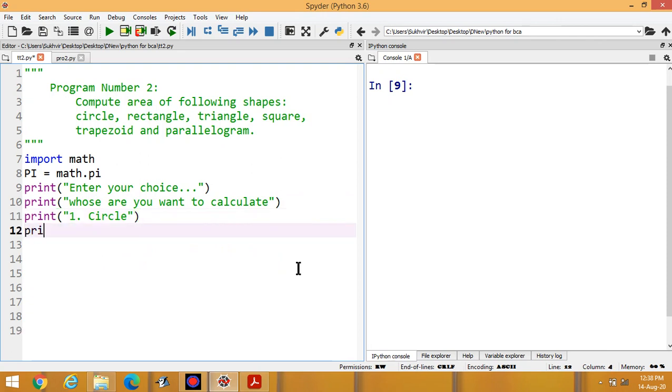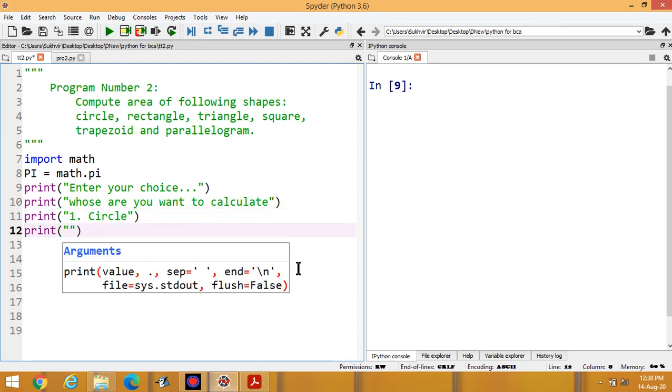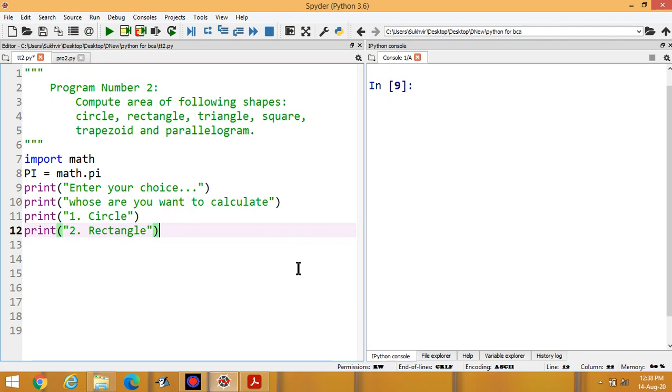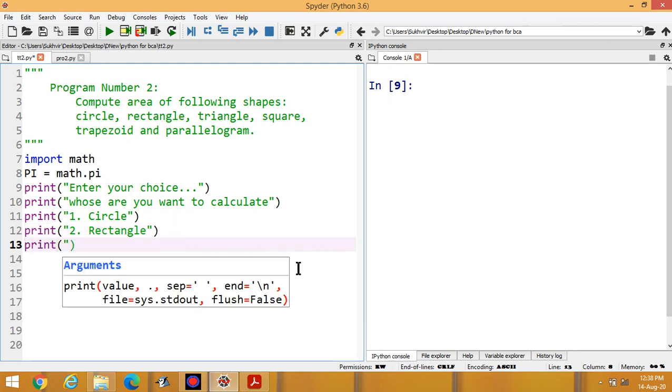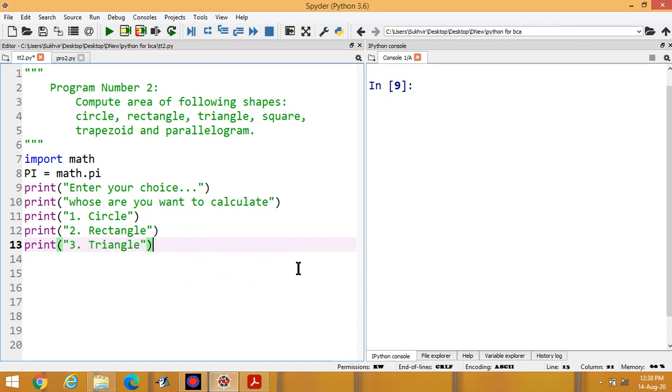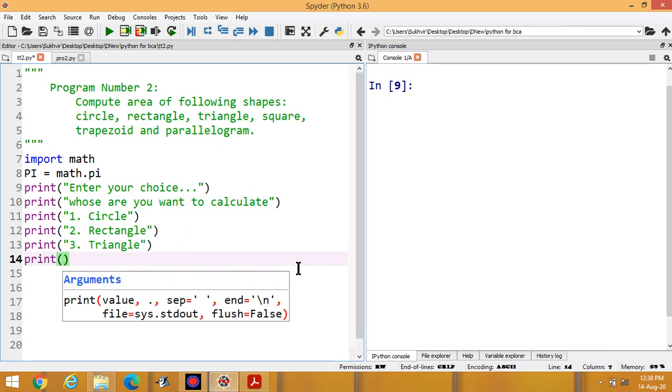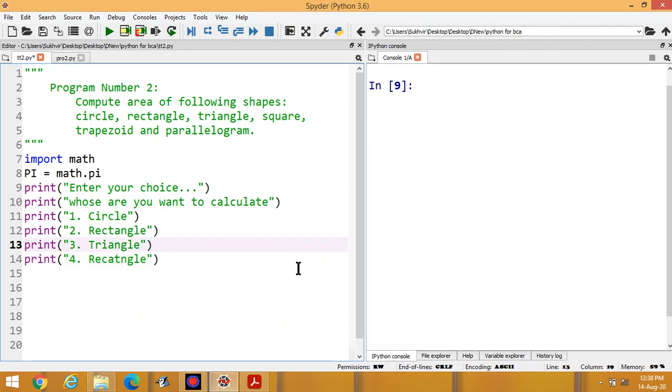You can select print, then the second one is rectangle, and third one is triangle, and the fourth one is square.